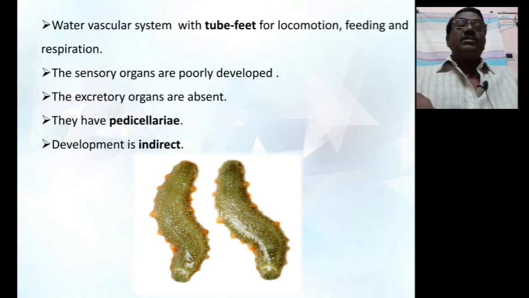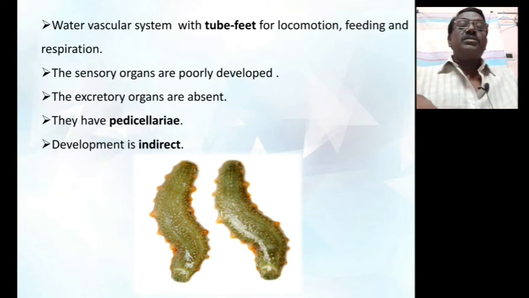That water vascular system is not only for capturing the food, it is also meant for locomotion, and sometimes it is also used for respiration. Here the excretory system is absent in these animals.